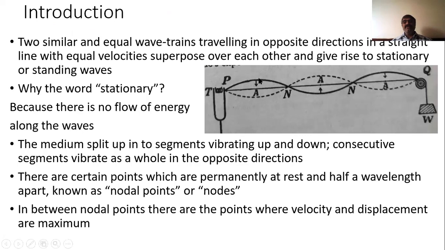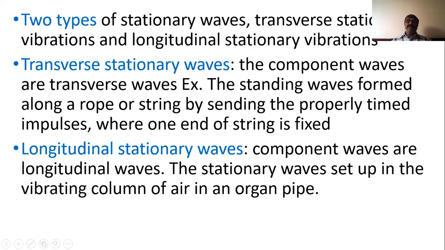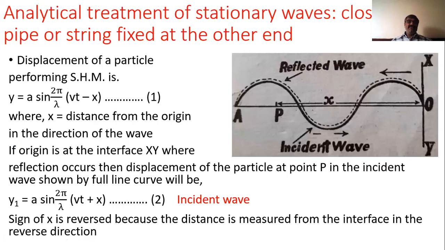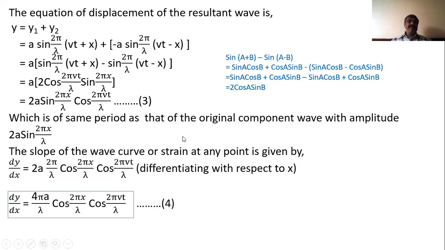So from antinode to node, a decreasing trend; from node to antinode, an increasing trend, with a specific period, and that is the period of the original component wave. It has a wavelength equal to the wavelength of the original wave. So the amplitude is varying sinusoidally. That is the important thing, and the period, frequency, wavelength and velocity remain the same.